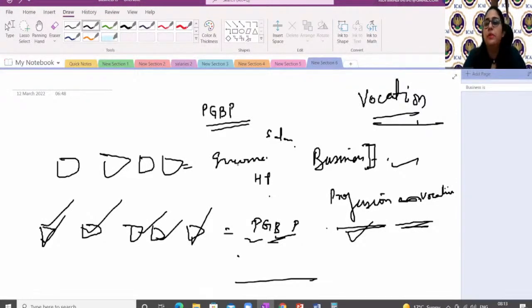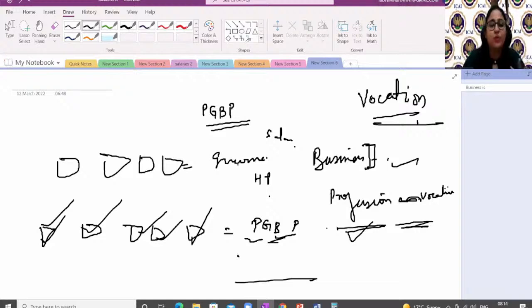Legality of income. Any income which is being earned from an illegal business cannot be said, just on that ground, to not be a PGBP income because it's an illegal business. Income tax does not think about that for taxability. They want money. If you're earning, they want money, whether you're earning from a legal source or not, which is the hot topic of cryptocurrency.